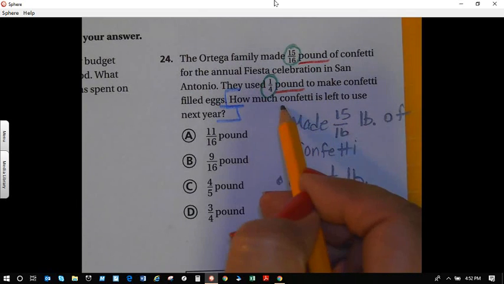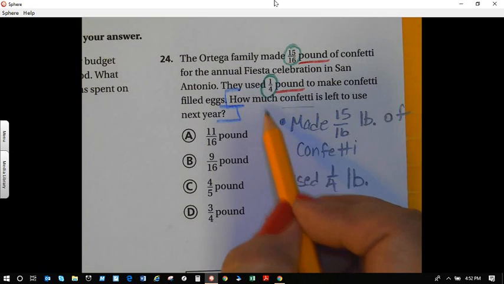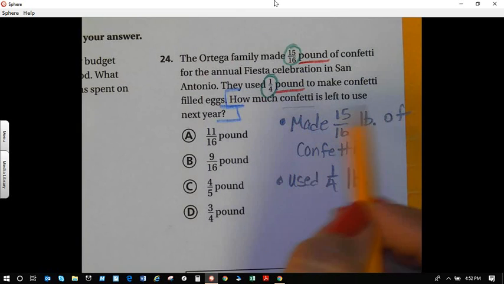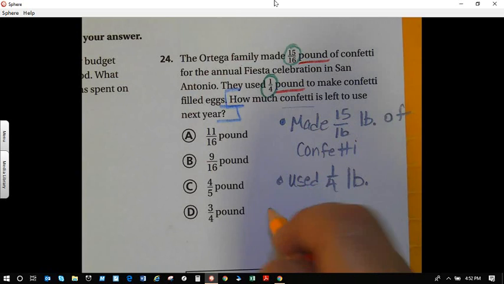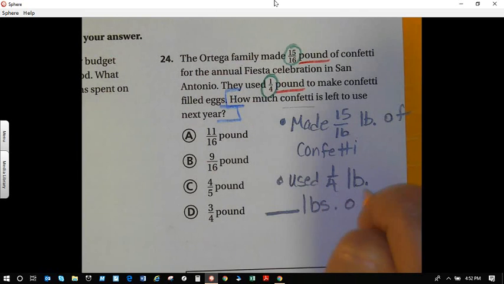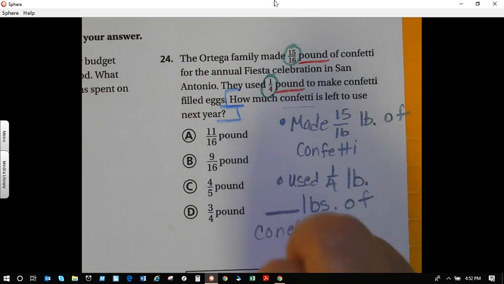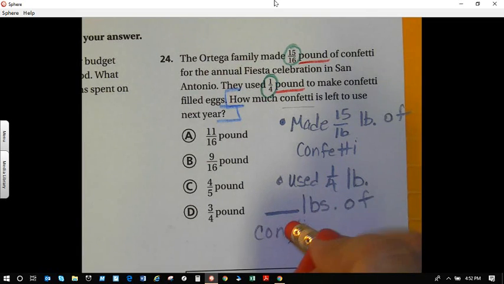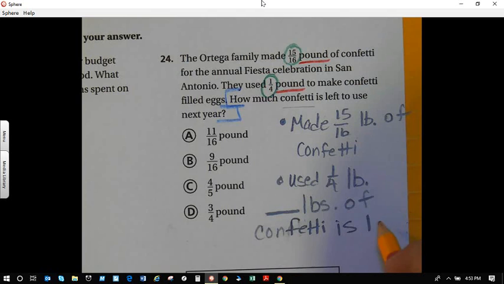My subject is confetti, so it'll be blank pounds of confetti is left to use next year.